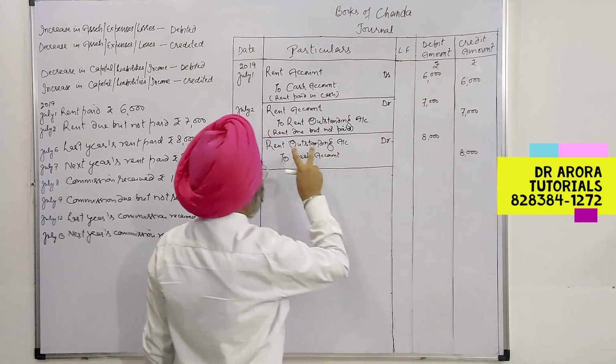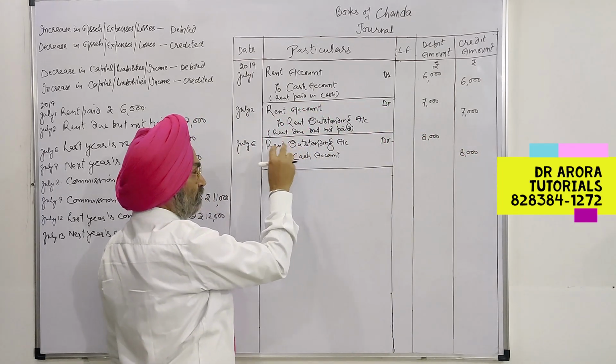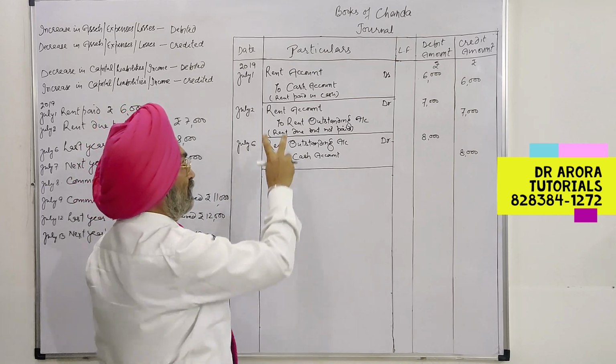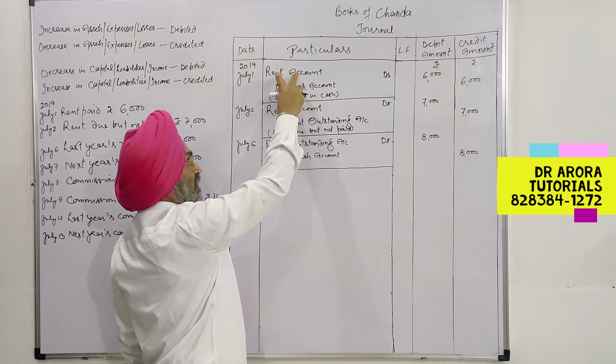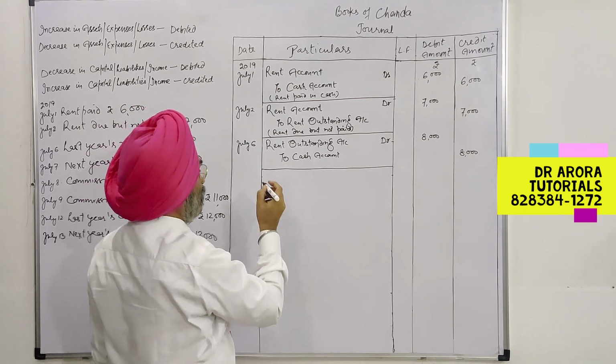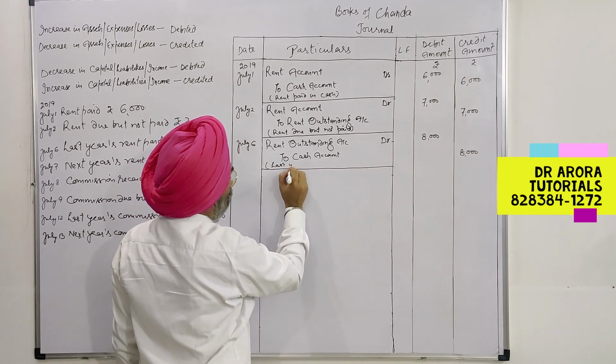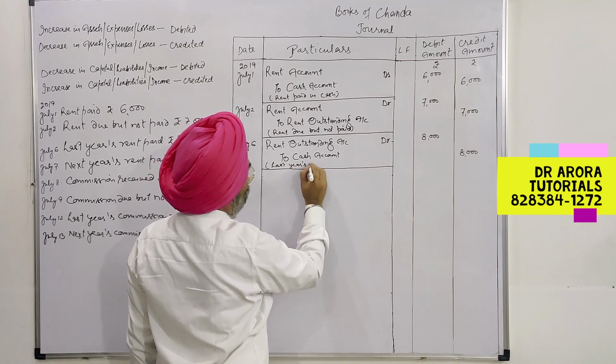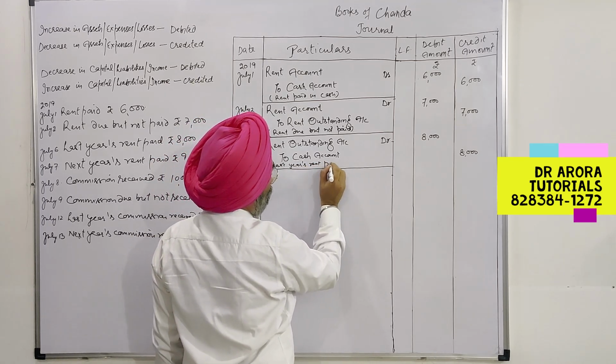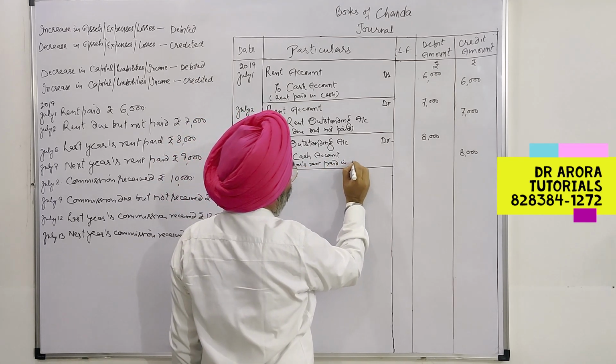The last year's rent when we have paid, it was a liability. It is not expense. Expense is only of current year, only of 12 months, not more than that. So last year's rent paid in cash.